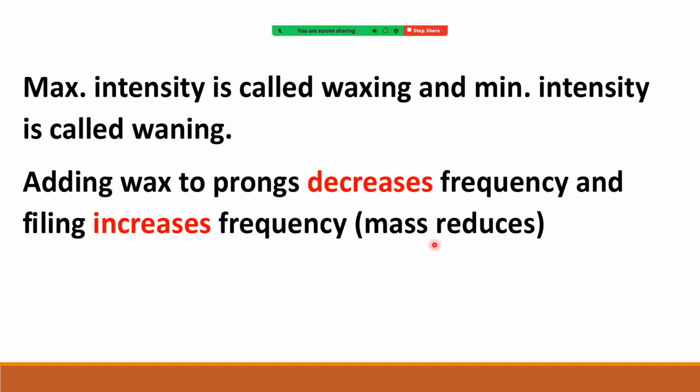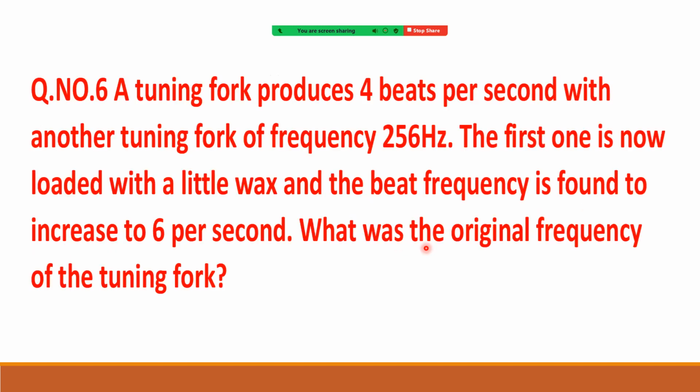Okay, let us see problems to get more clarity. See the question, taken from H.C. Verma. A tuning fork produces 4 beats per second with another tuning fork of frequency 256 Hz.